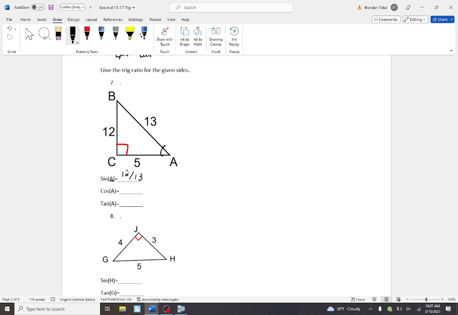Cosine of A. Cosine is CAH, adjacent over hypotenuse. So 5 over 13. Tan is TOA, opposite over adjacent. So that's 12 over 5.